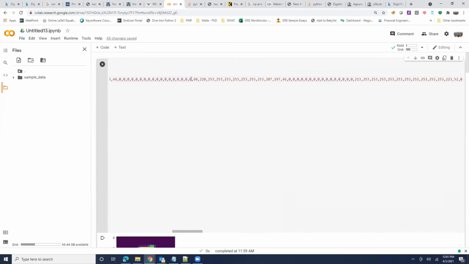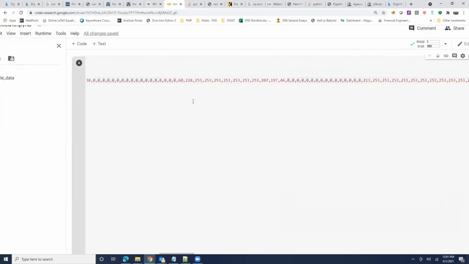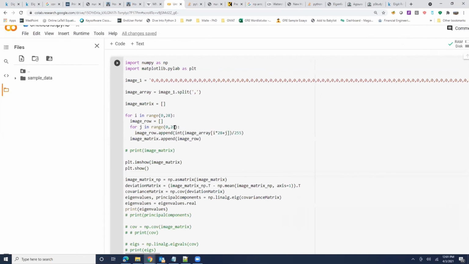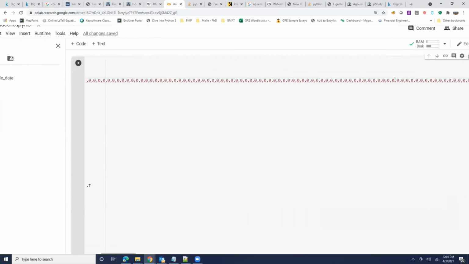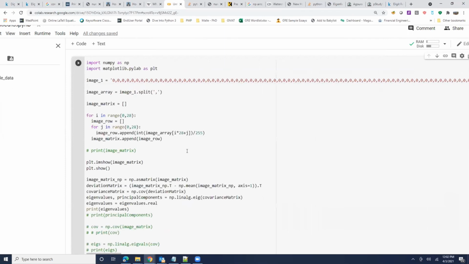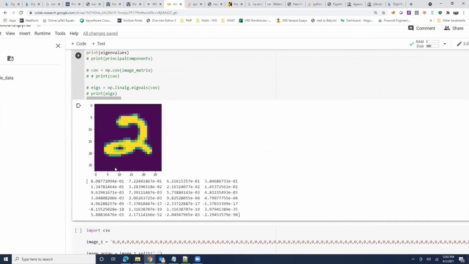Hopefully you can see some numbers here, right? There are some non-zero numbers and lots of zeros. Zeros represent this purplish background. Non-zeros are the yellowish layer.